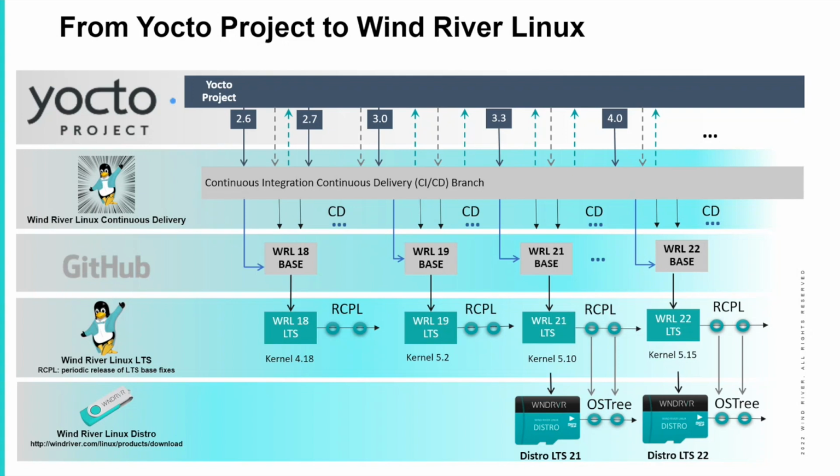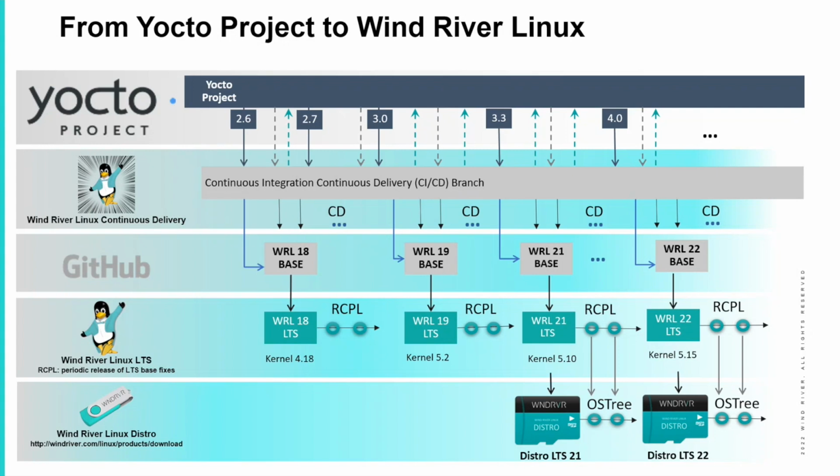Once we go through all the testing and qualification and BSP porting and things like that, we will release an LTS release. We most recently did this back in September with LTS 22. That was based on the Linux LTS kernel 5.15, as well as the Yocto project LTS release 4.0.